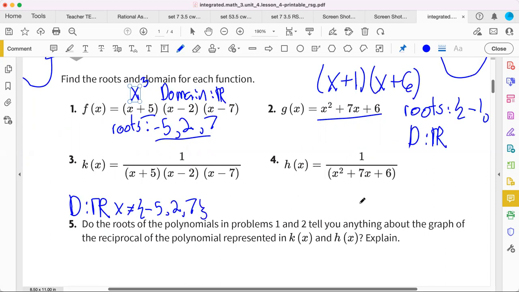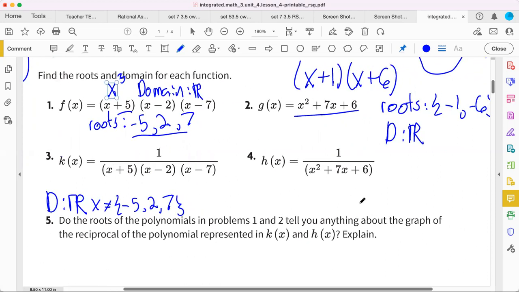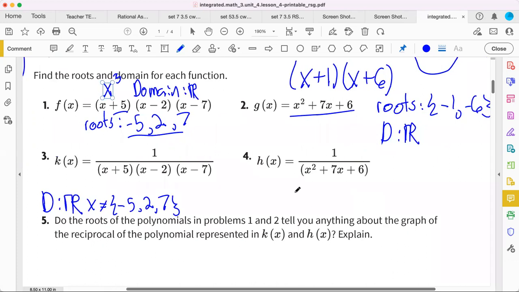And so take a moment. What do you think the domain would be for problem 4? Still all real numbers, but with x not being able to equal -1 or -6.